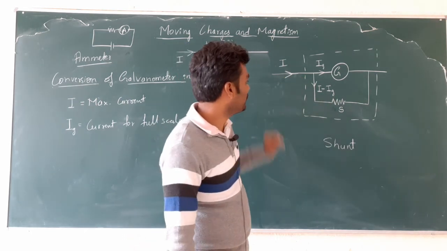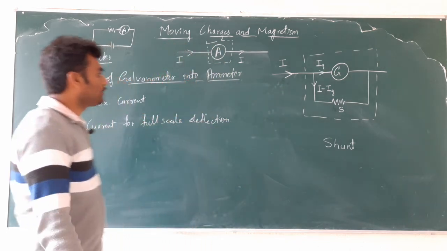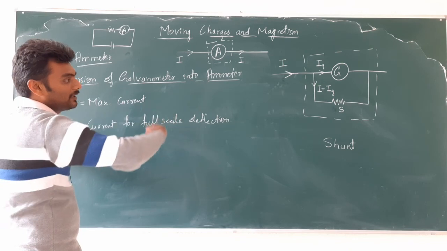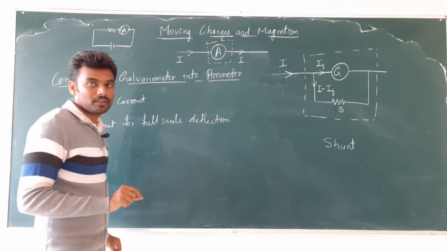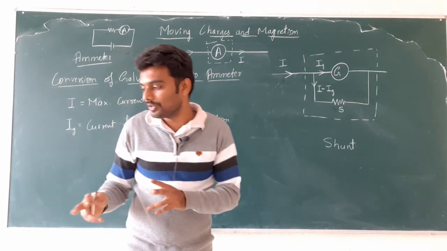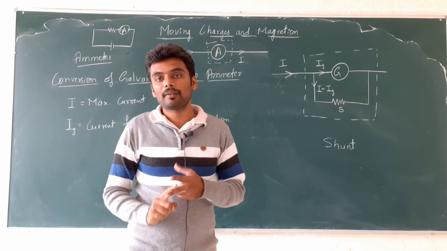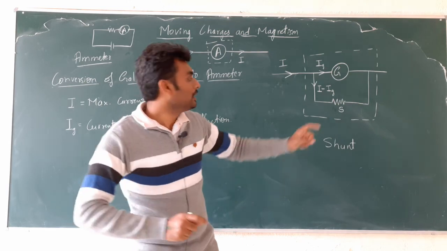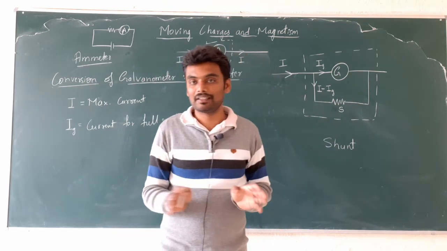So now let us work out the relation between S and I, because that is very important. See, how do I make those two kinds of ammeter, milliammeter or regular ammeter? By choosing a particular value of S, that's it, nothing else.